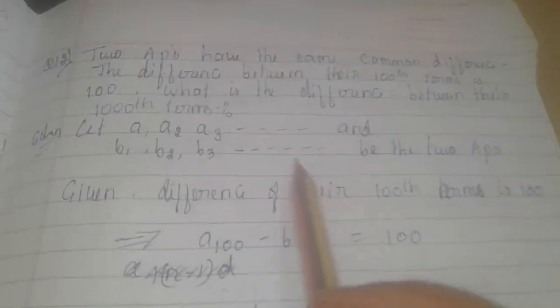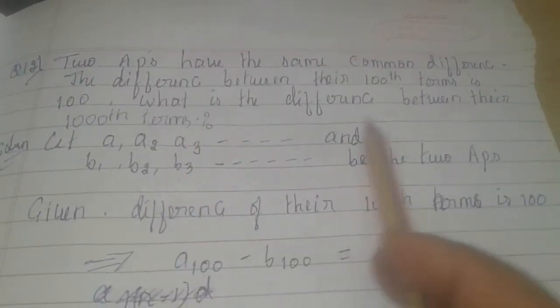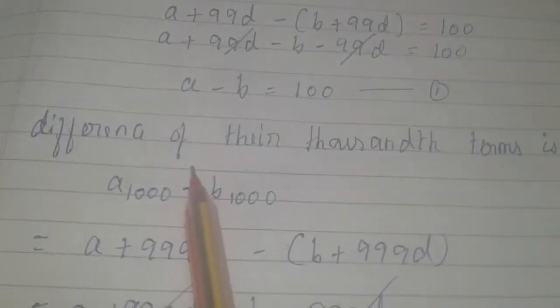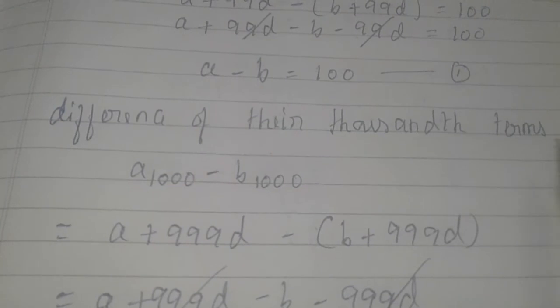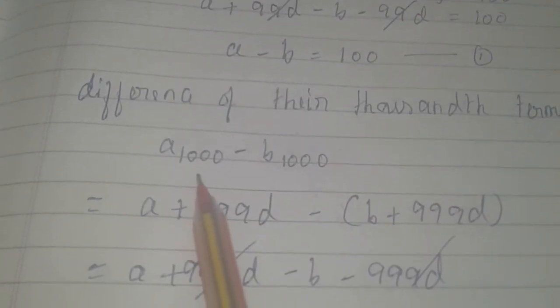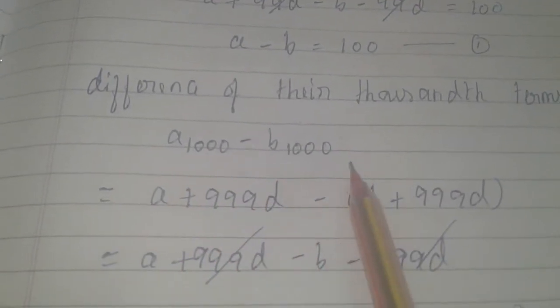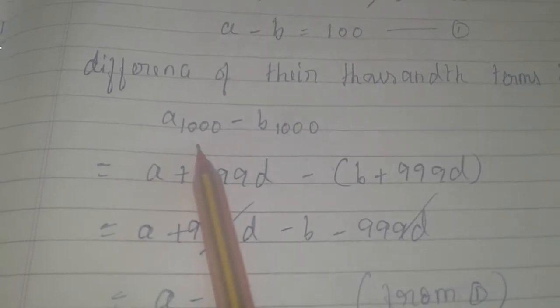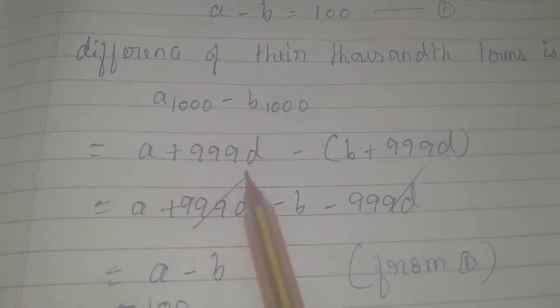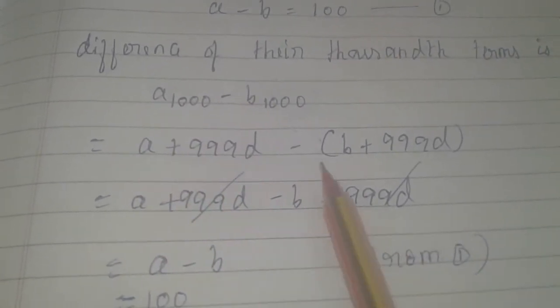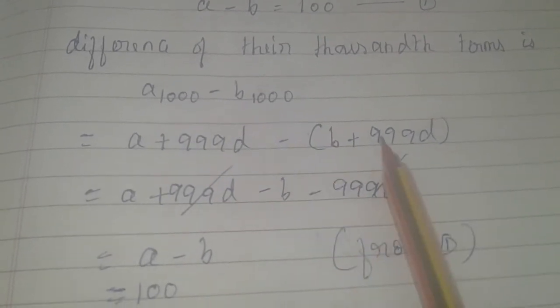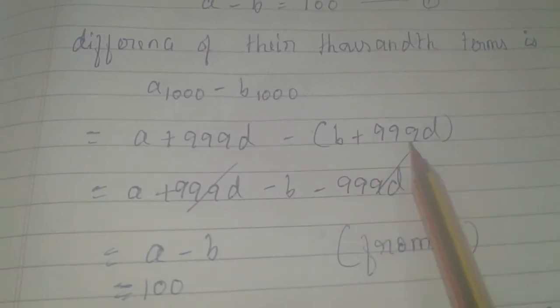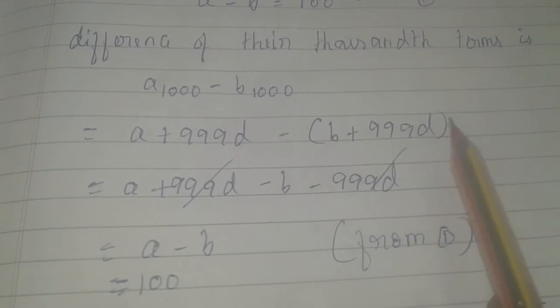Now what do we need to find? We need to find the difference between their 1000th terms. According to the question, the difference of their 1000th terms is, what will you write, A1000 minus B1000. What is the meaning of A1000? It is (A plus 999D) minus, bracket open, B1000, which is (B plus 999D).